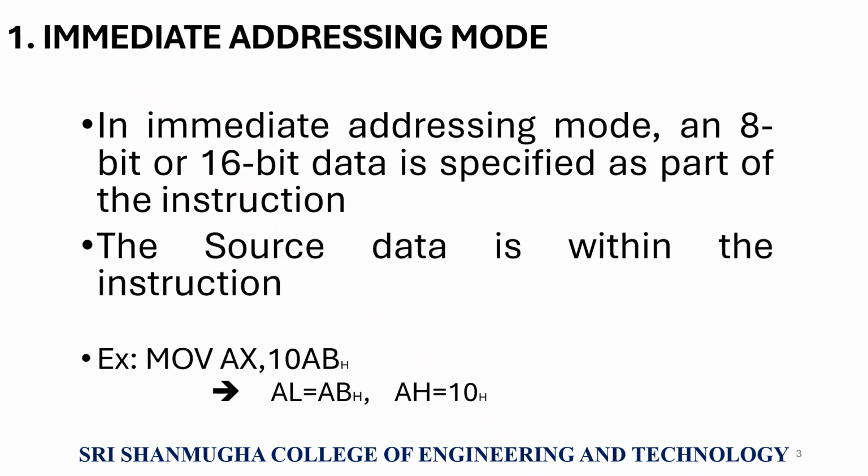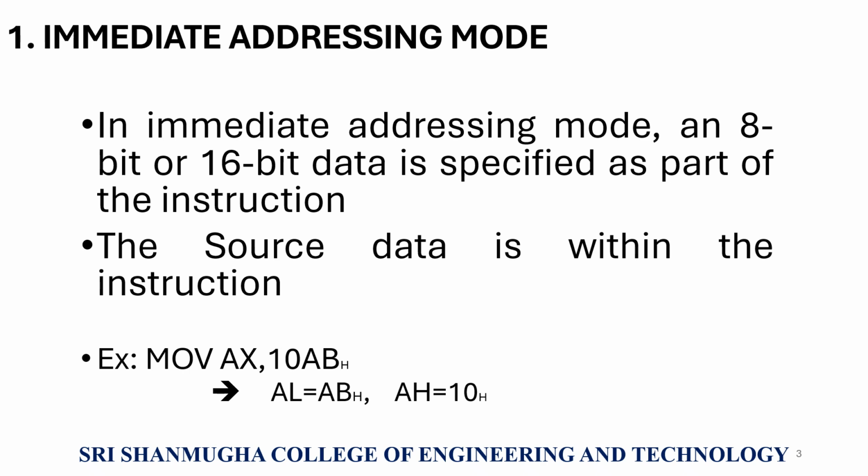The first one is immediate addressing mode. In immediate addressing mode, 8-bit or 16-bit data can be directly given in the instruction. As the data is directly given, it is called immediate addressing mode. You can see the example MOV AX, 10ABH.